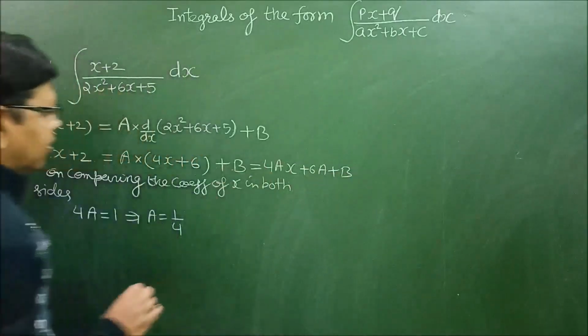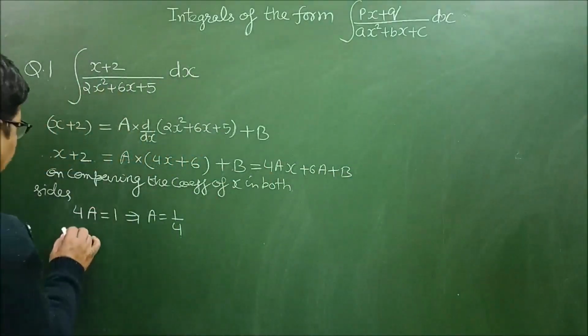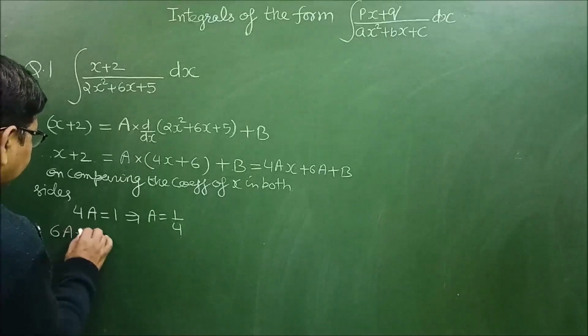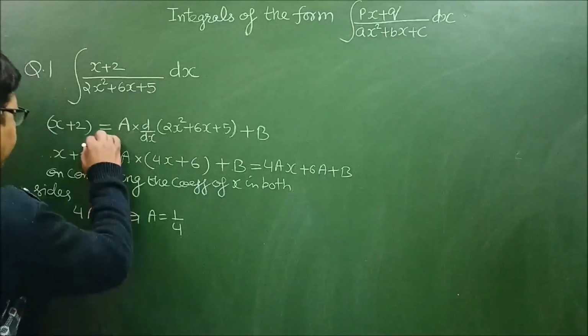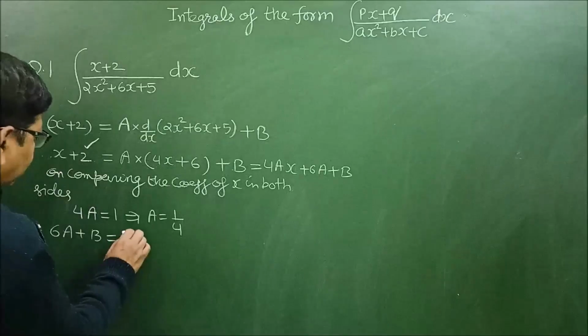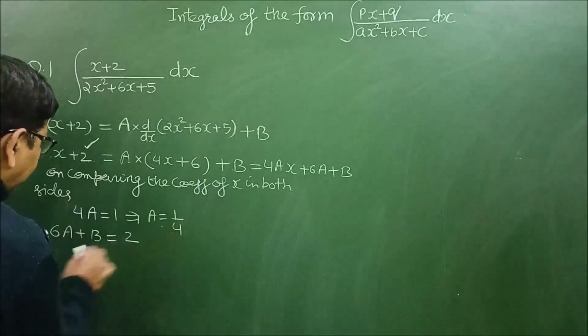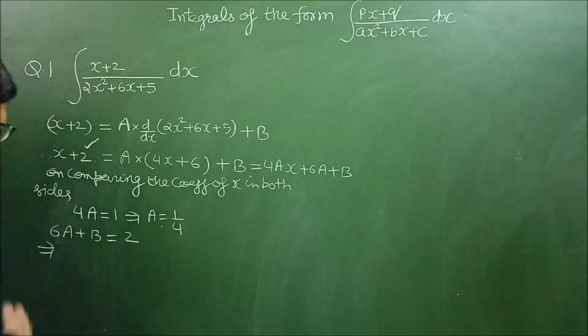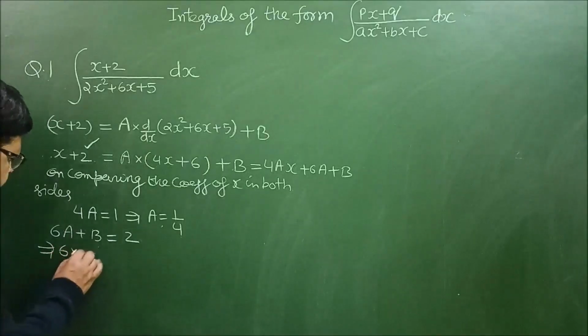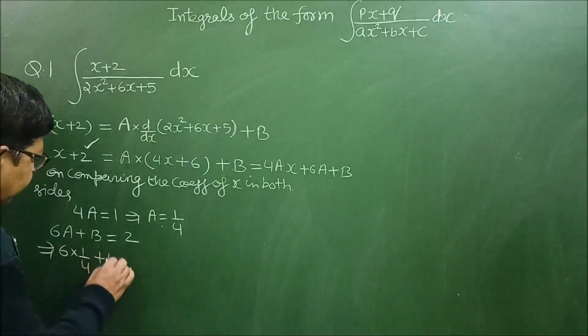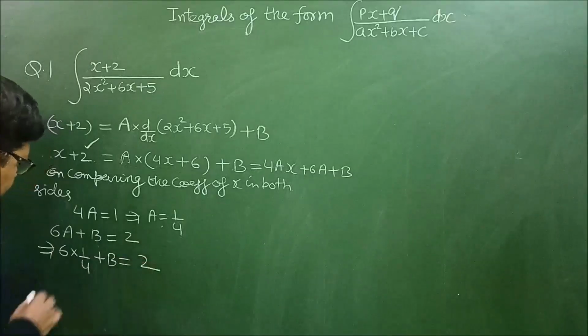Now the constant term in the right hand side, 6a + b, is equal to the constant term in the left hand side, which is 2. Putting the value of a here to get the value of b: 6 into 1 upon 4 plus b is equal to 2.